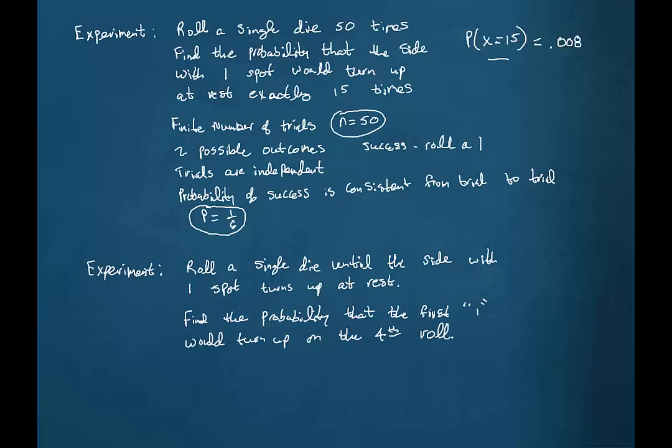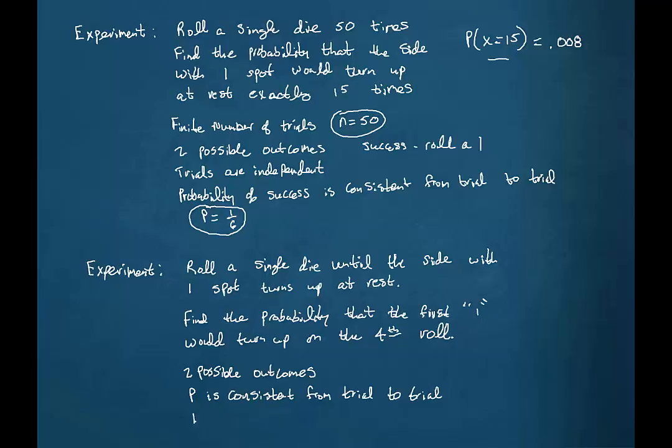Now let's look at the next experiment. We're going to roll a single die until the side with one spot turns up at rest. Find the probability that the first 1, so the first time we turn up a 1, would turn up on the 4th roll. Now we have only 2 possible outcomes. The probability of a success, P, is consistent from trial to trial.